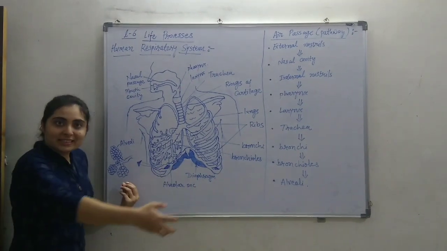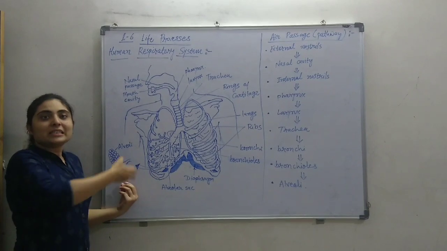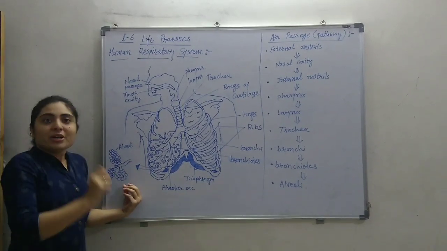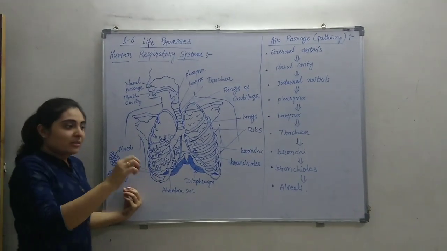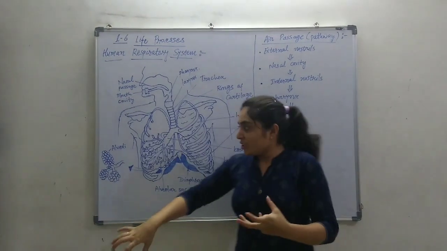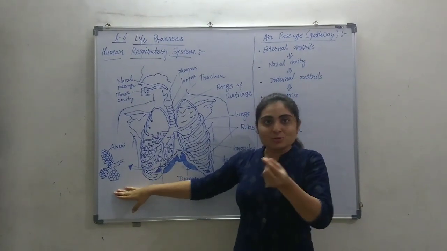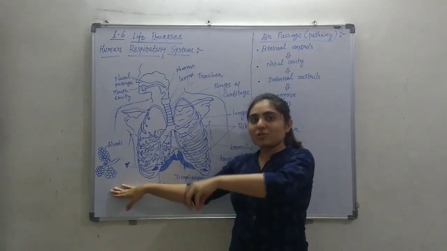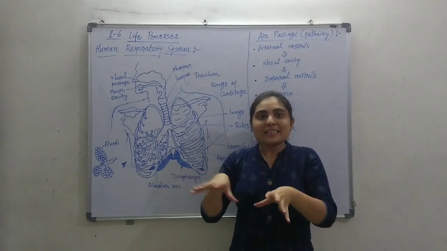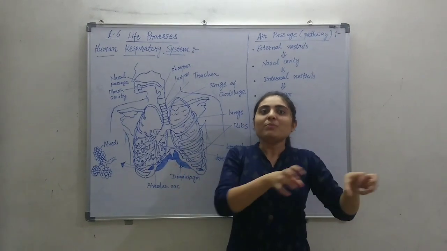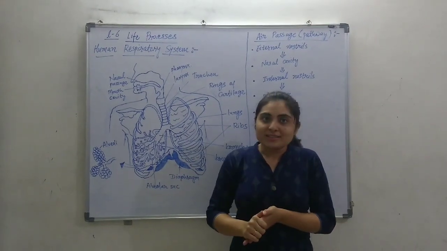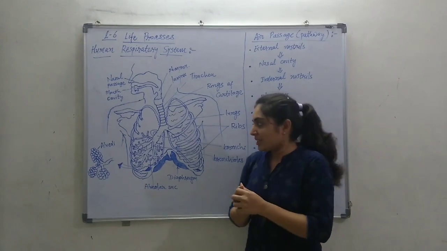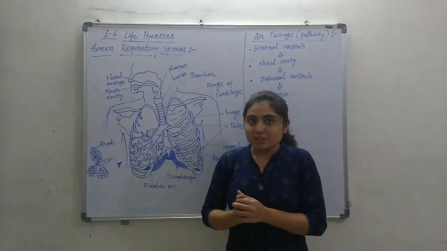The blood takes this carbon dioxide and carries it to the alveoli through the capillaries, and carbon dioxide is given to the air and oxygen is given to the blood. This oxygenated blood reaches each and every cell of the body, so oxygen can be used in the respiration process.